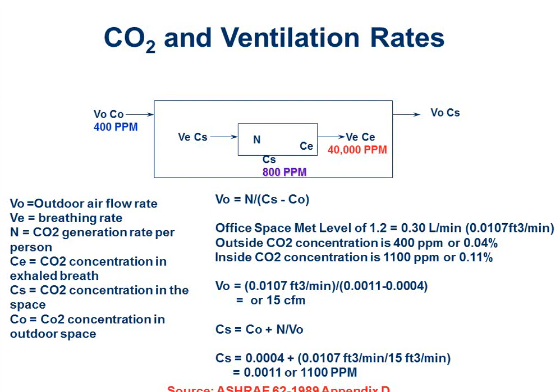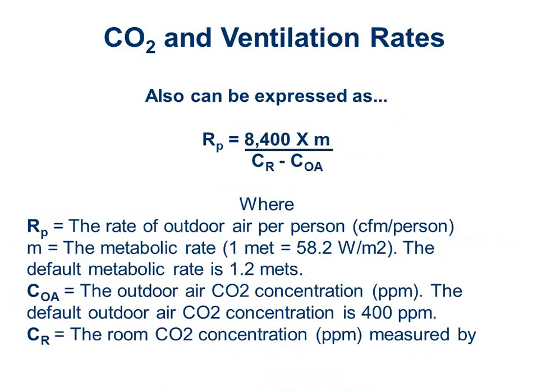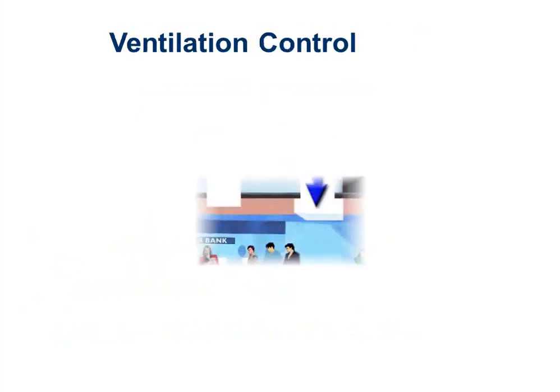I'm not going to kill you with it, but all this math basically boils down to what's the difference in my CO2 rate inside the space and my CO2 rate outside the space. That's really going to determine how much ventilation air I have to bring in or how much I am bringing in. So we can use these equations dynamically, in a building, not just to design a standard like ASHRAE 62 or a code. We can use them dynamically to actually control the space.